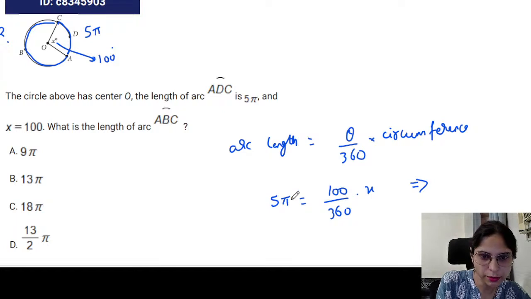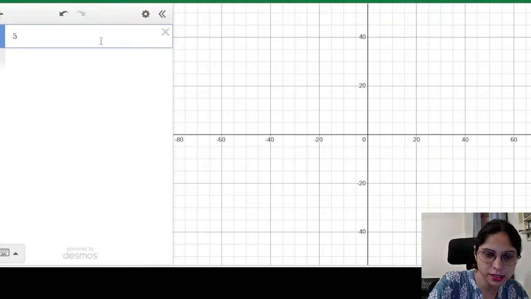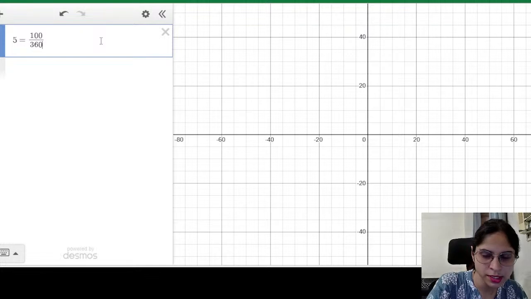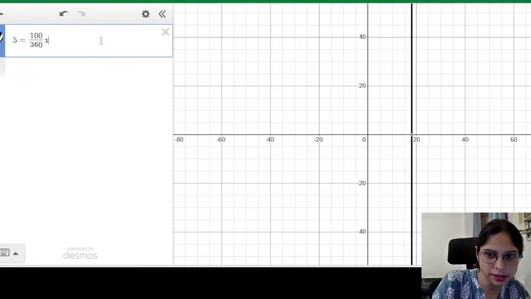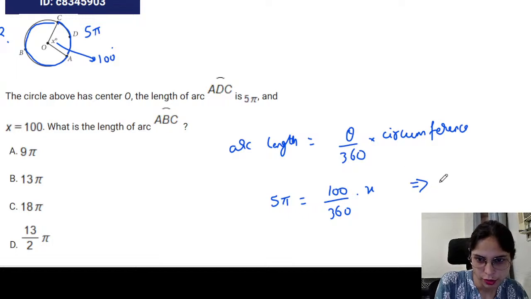And we want to keep our answer in terms of pi, so I will not be writing pi whenever I am solving for x. So I will just be writing 5 is equal to 100 over 360 times x. The value of x is 18. So that means my circumference is 18 pi.